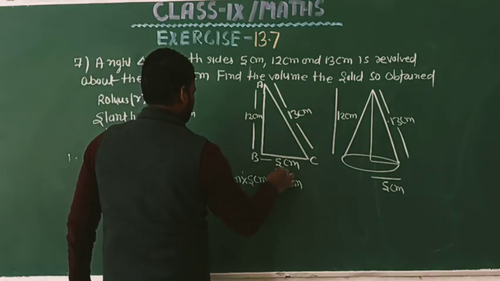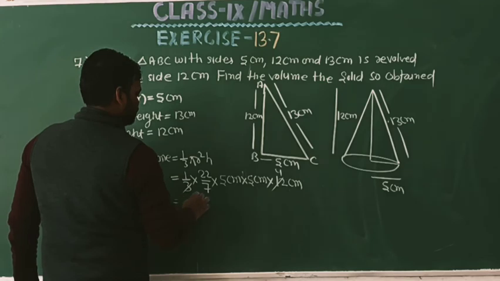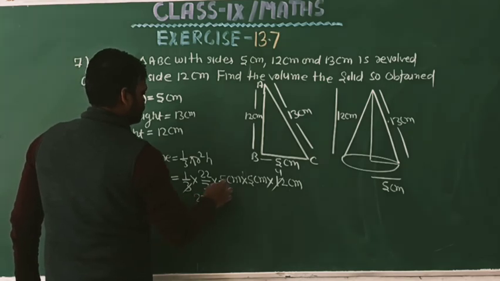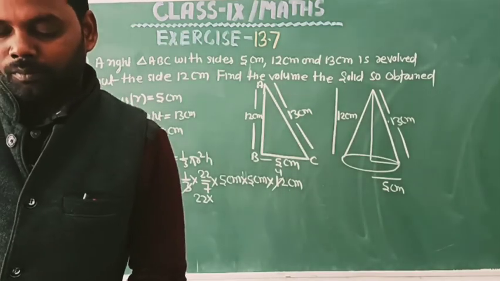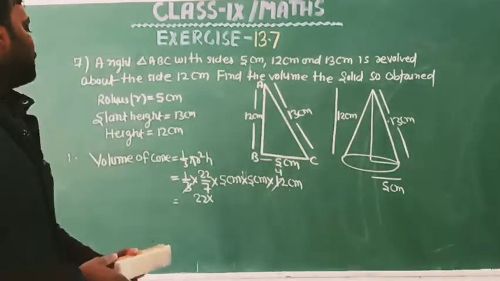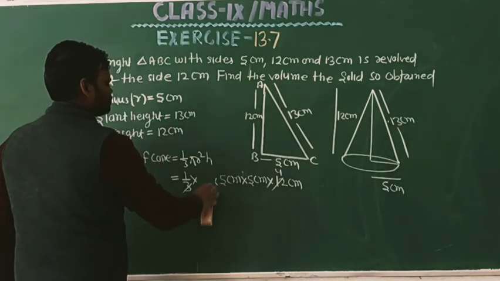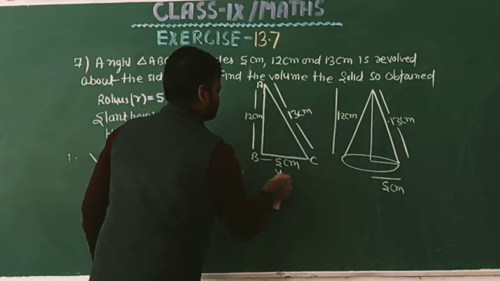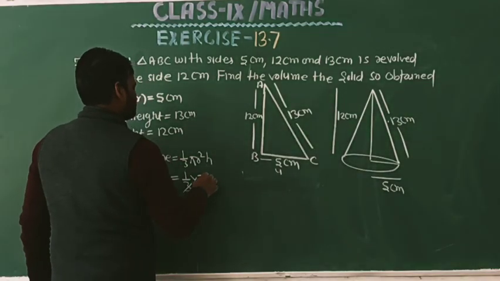So 3 4s are 12. Here there is no need to put the value of pi, so the answer comes in pi form.